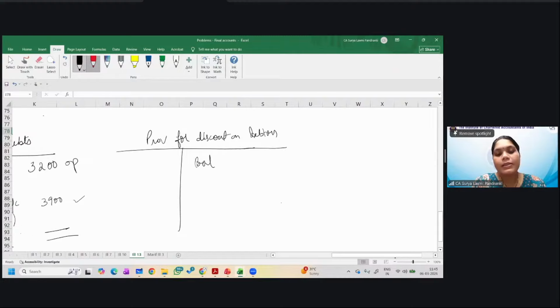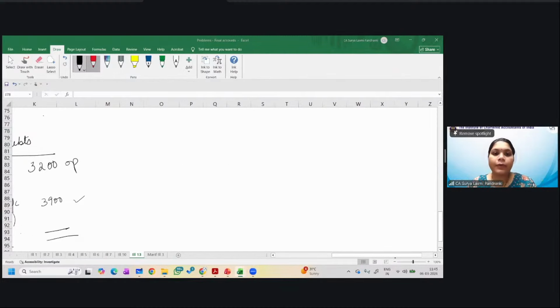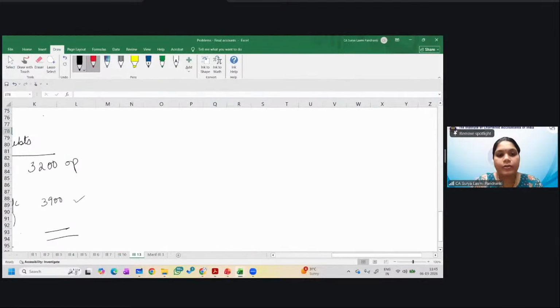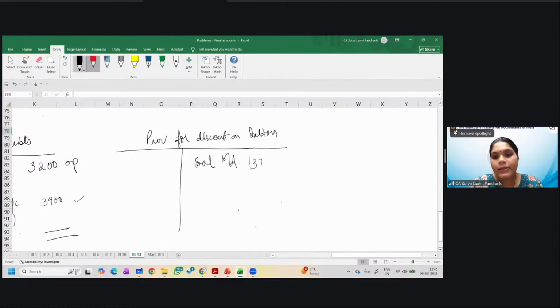Where do you have to pick it from? It is clearly given here, 1375. So I will pick the provision for discount on debtors balance from here, 1375. Now what will be the closing balance which should be carried down?